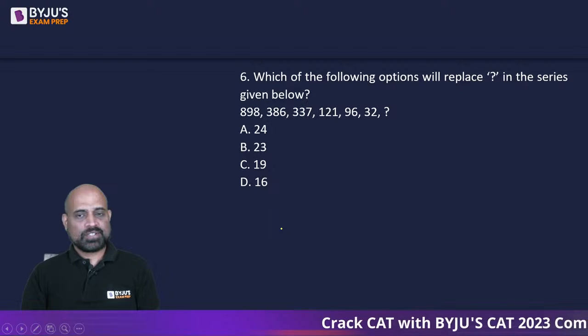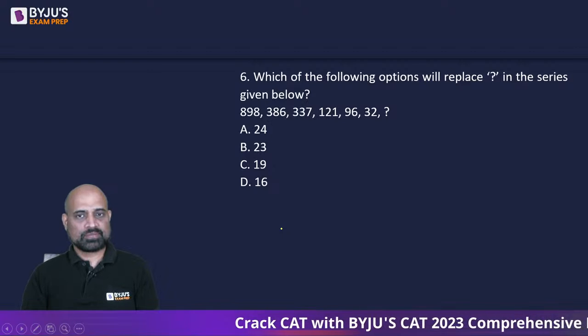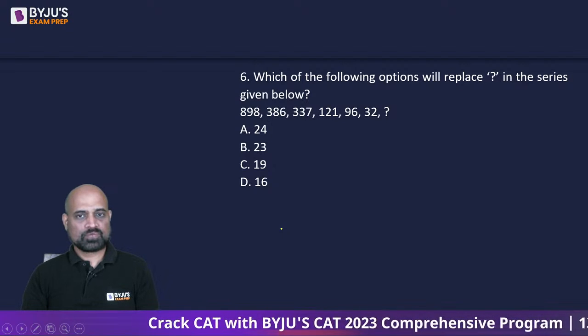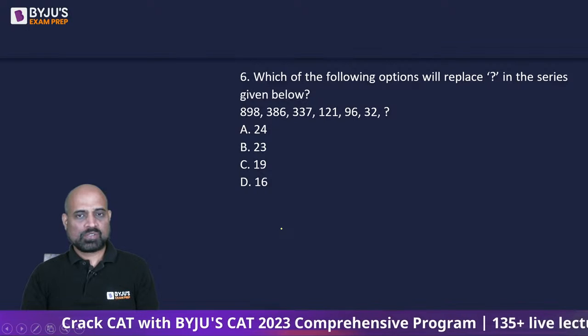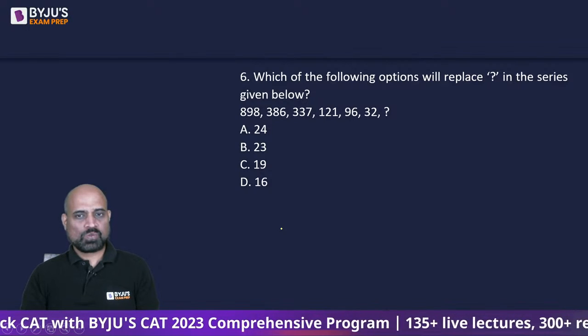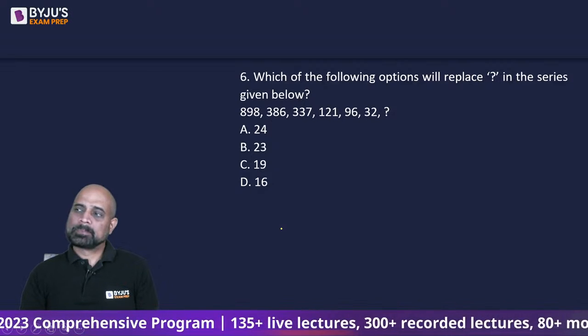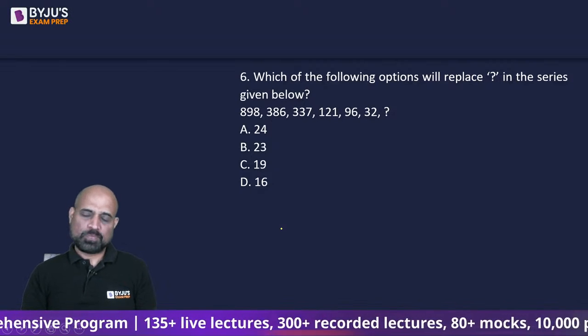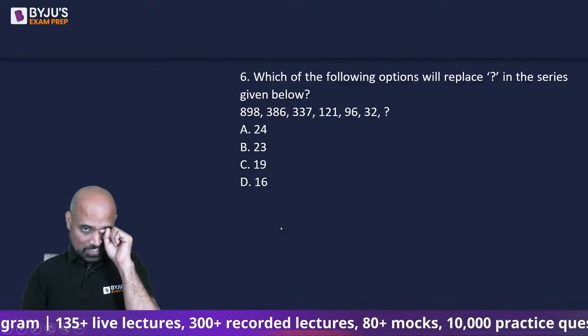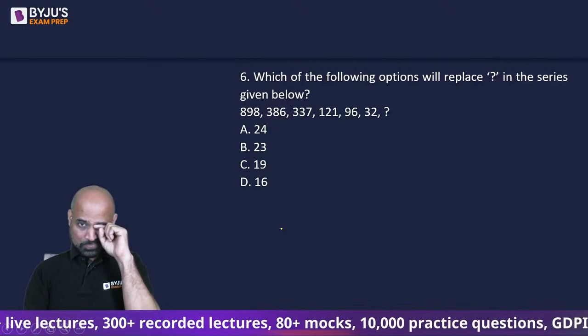They are perfect squares, but no, 386 and 337, they both are not in that table.